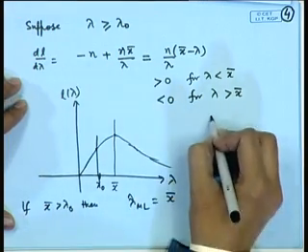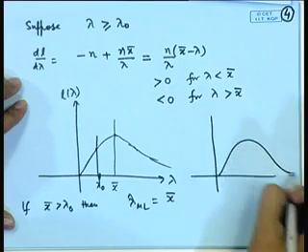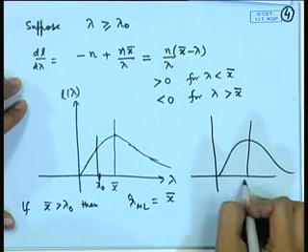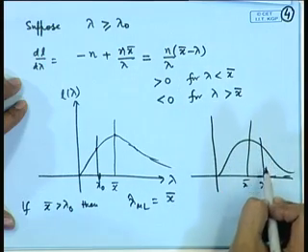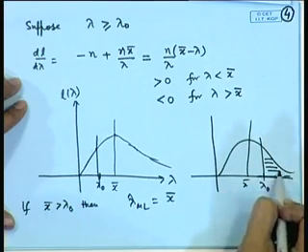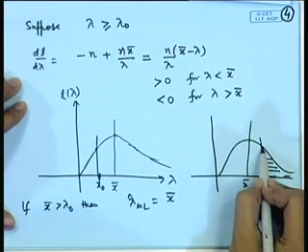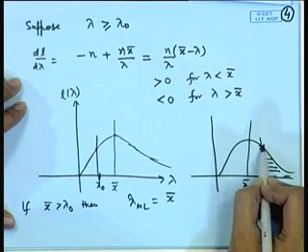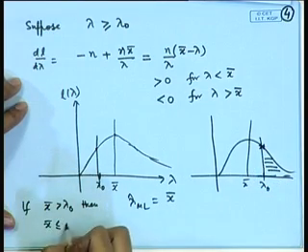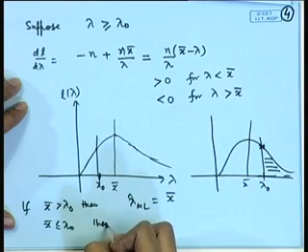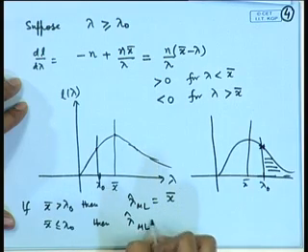However, we may have a situation where this is x bar and lambda naught is here. In that case, you see the parameter space is this. That means, the maximum value that is occurring is actually at lambda naught. That means, if x bar is less than or equal to lambda naught, then lambda hat ML is equal to lambda naught.